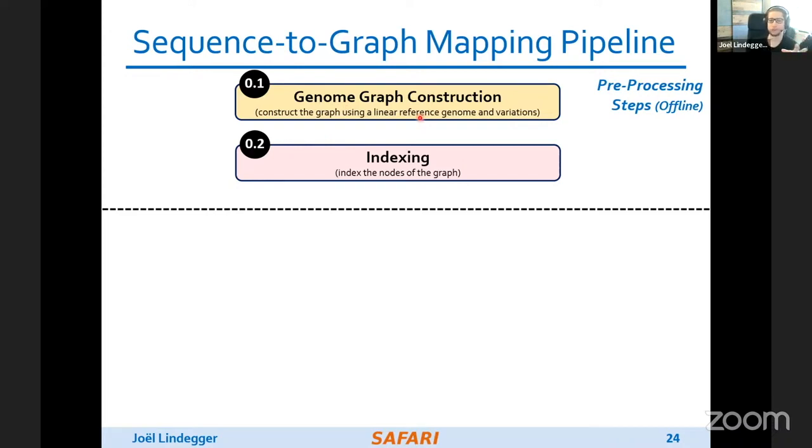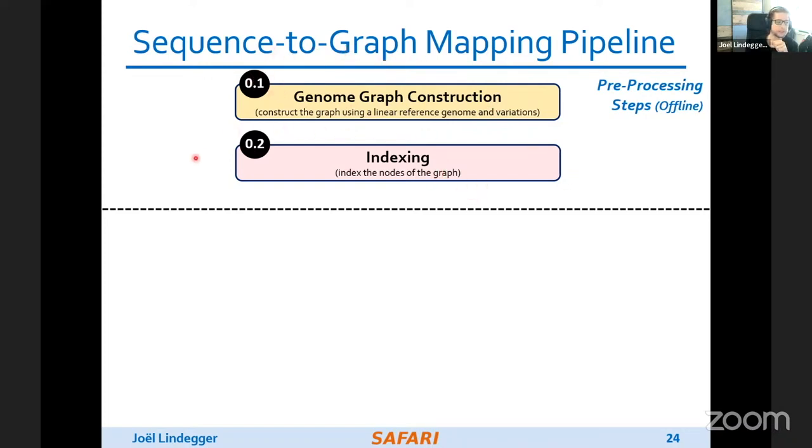You could maybe come up with a pseudocode for it, but it's not typically performance critical, so we don't consider it on the critical path. You would do this once for the known reference genome and all the known variations. And then maybe every now and then you need to update it if you have new known variations. But in general, you don't reconstruct this every time, and it's off the critical path.